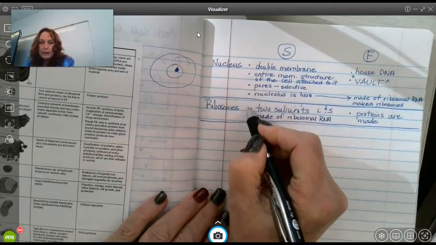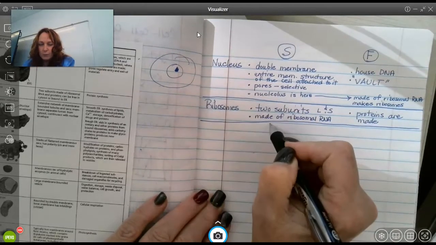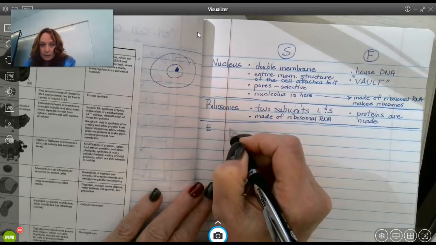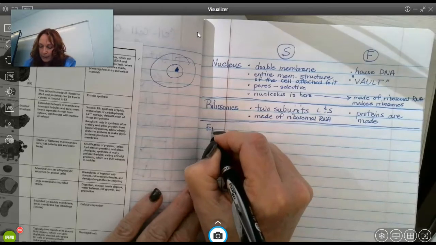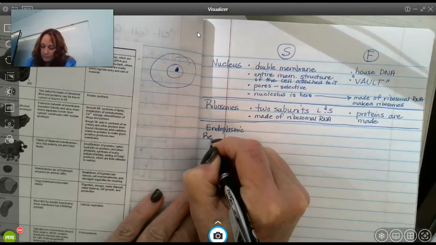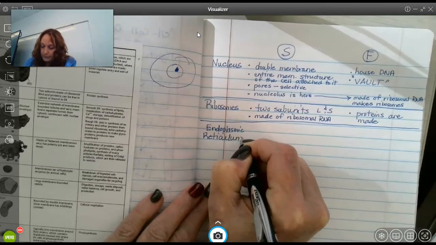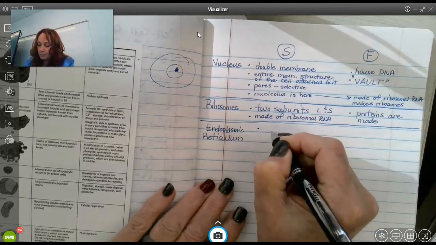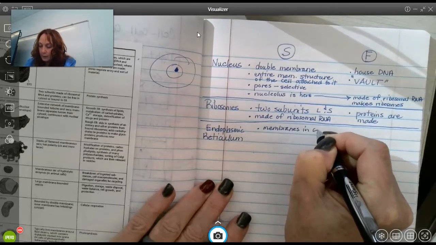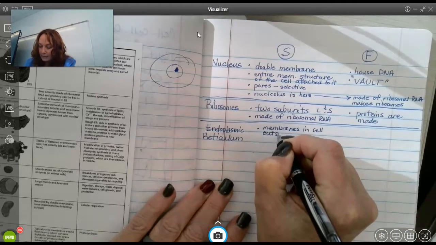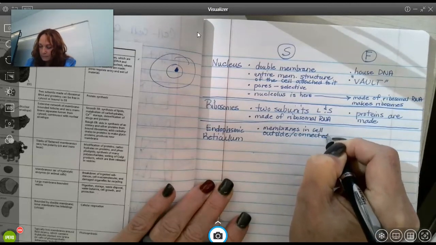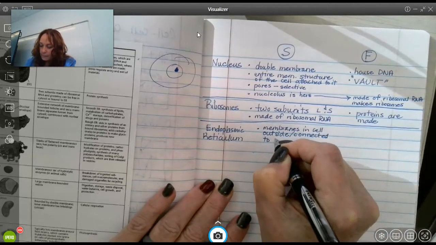Then you are moving outside the nucleus. So we started in the middle and we're moving out, and we have that whole endomembrane system. The big components are going to be the endoplasmic reticulum. So this is that whole membranes that are in the cell, but outside, connected to the nucleus.